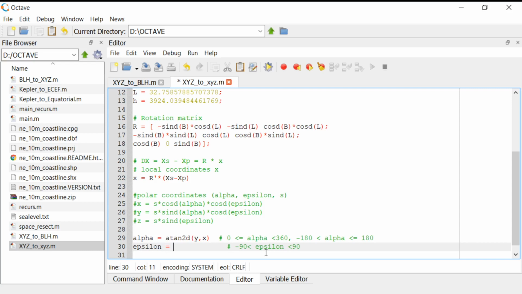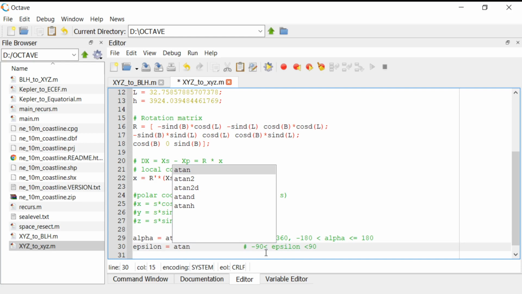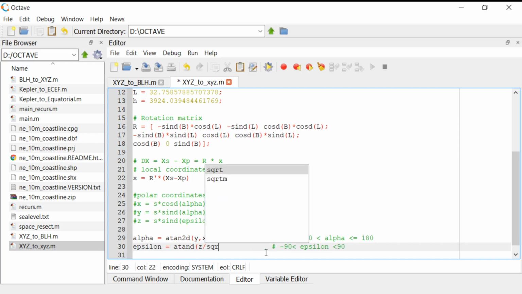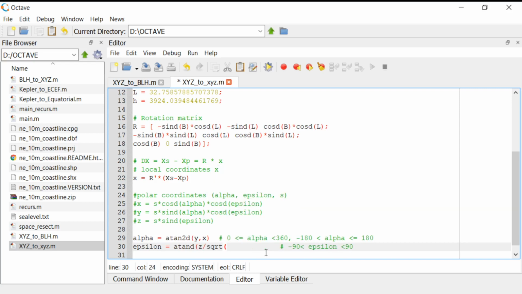So epsilon, you can see here, will be an atand function, and we get the degrees. For this, I need to divide z by the square root of x squared plus y squared.